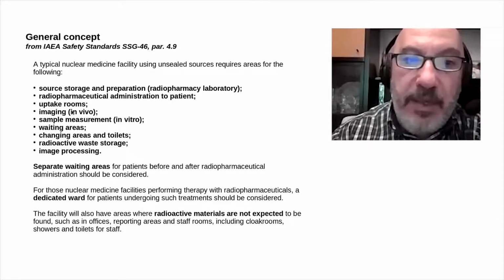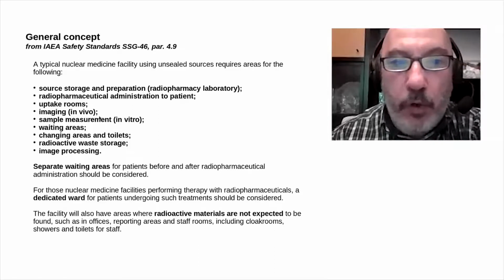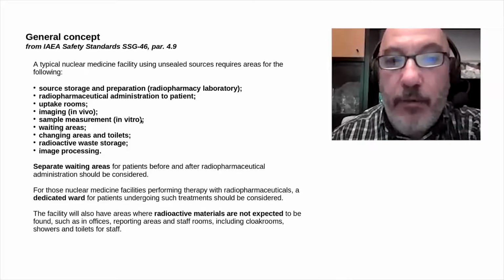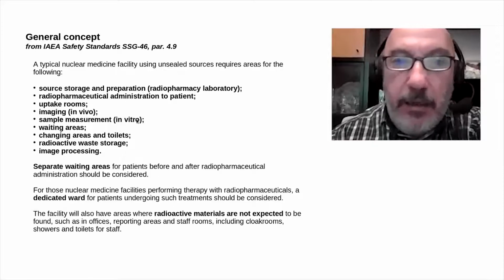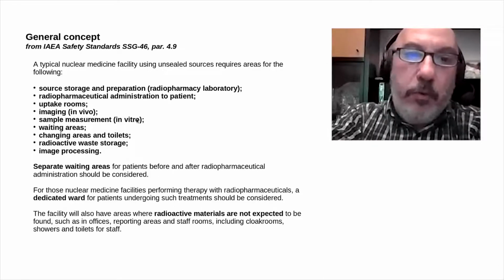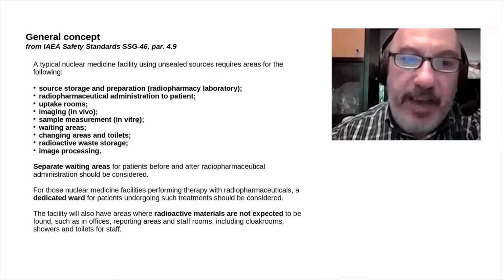Then we will have the imaging room, and we can also have some sample measurement in vitro, like with radioimmunology assays that in some part of the world continue to be quite vital.